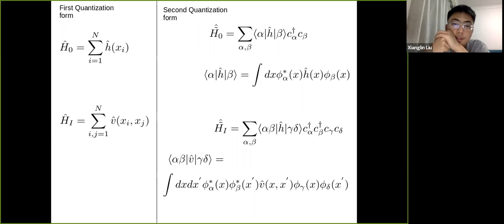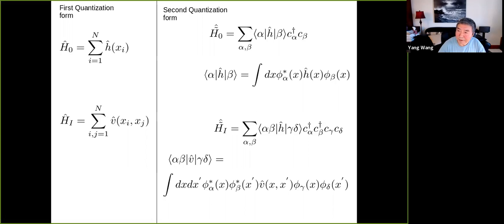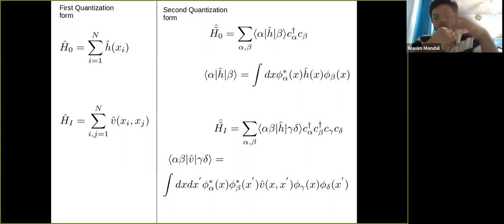Okay, so can I say there's some ambiguity in calculating the U factor from DFT? May I add something here? Yeah, please. So in DFT, you are taking care of correlation through the exchange correlation functional, right?